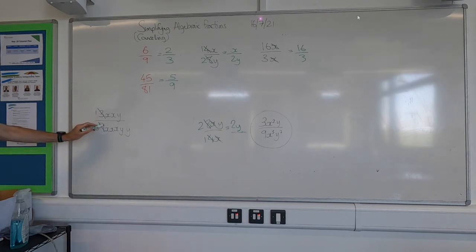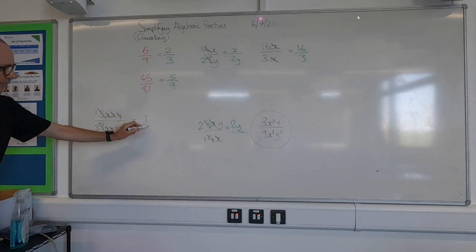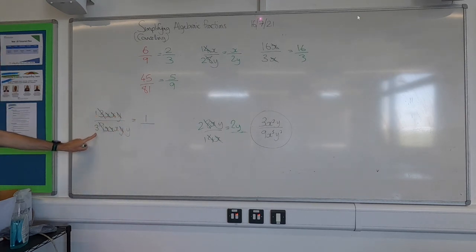Here I've got x divided by x, which I know just gives me 1, so I cancel those two x's out. I've got another pair though, look, x divided by x. Can't cancel that one out because I haven't got a corresponding one above, but I've got a y here that can cancel out with that y. So I'm left with, on the top, just 1. And on the bottom I've got 3xy.